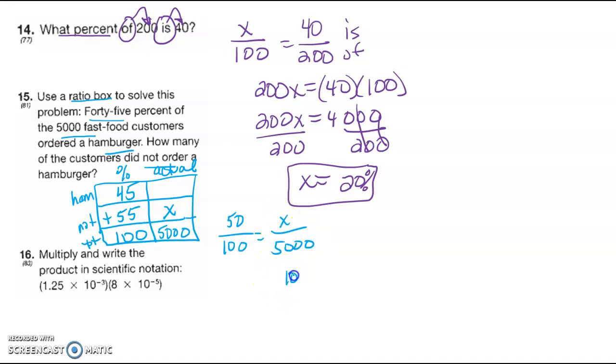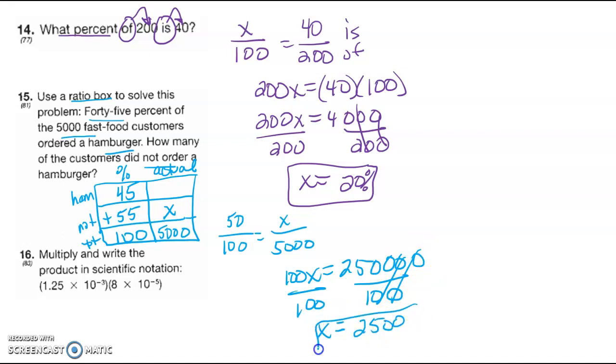And then we have 100x is equal to 25, 1, 2, 3, 4. So x is equal to 2,500. Is that right? Oh, I did something wrong. I caught myself. That's a good thing. Let me erase. Let's see, eraser. So here I put 50 when it should have been 55.